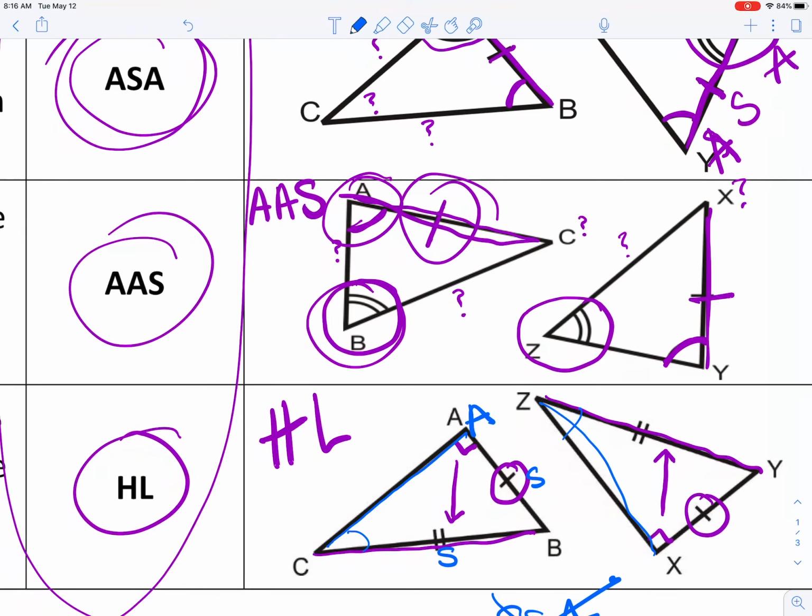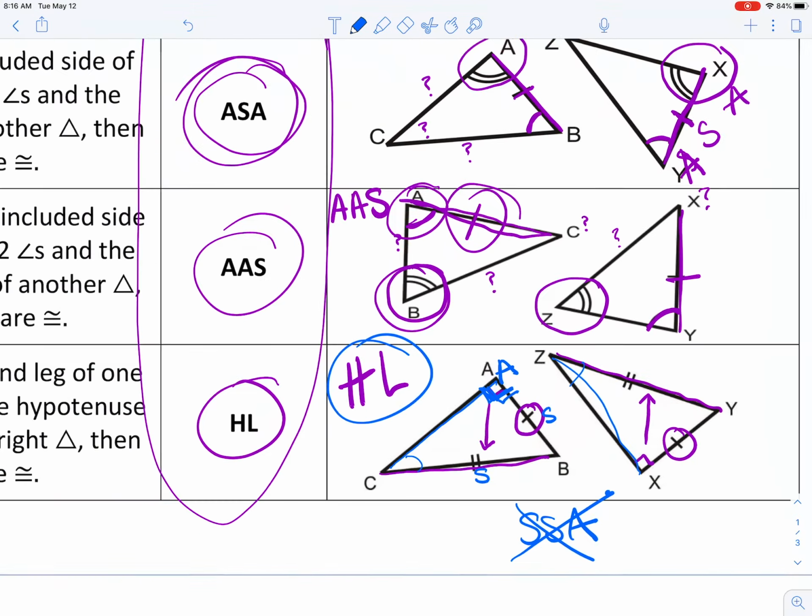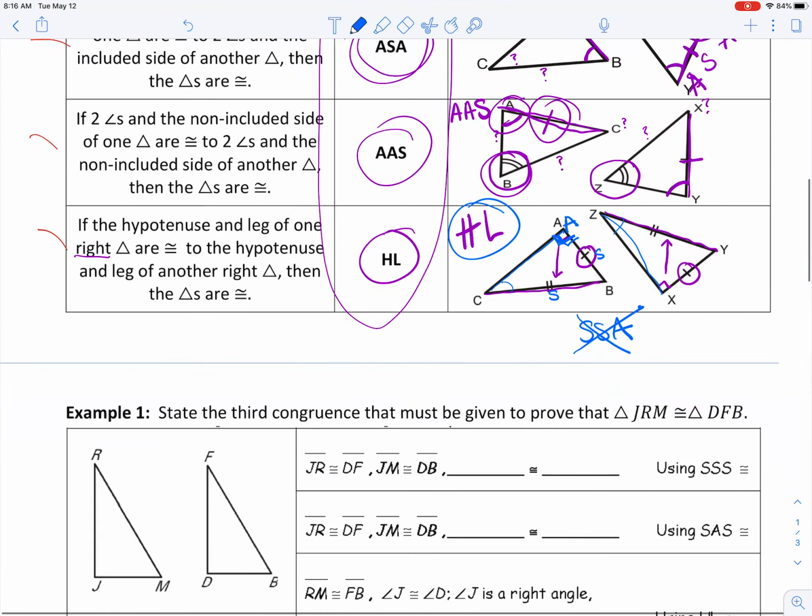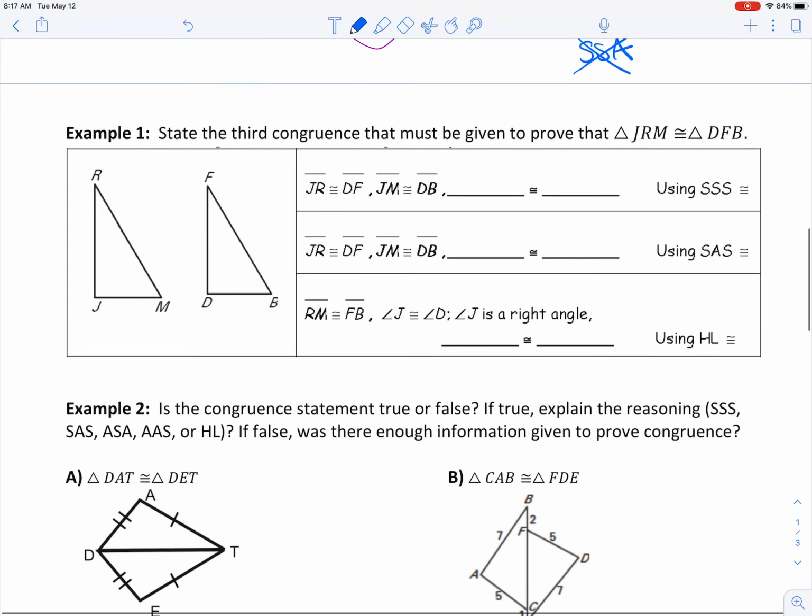Okay, so that one, like, you're like, wait a second, I thought side-side angle didn't work. But the only way side-side angle works is if it's a right triangle. And that's why we're going to use hypotenuse leg to identify it, okay? Now, if this was not a right triangle, if this was not 90 degrees, then these two would not be congruent.